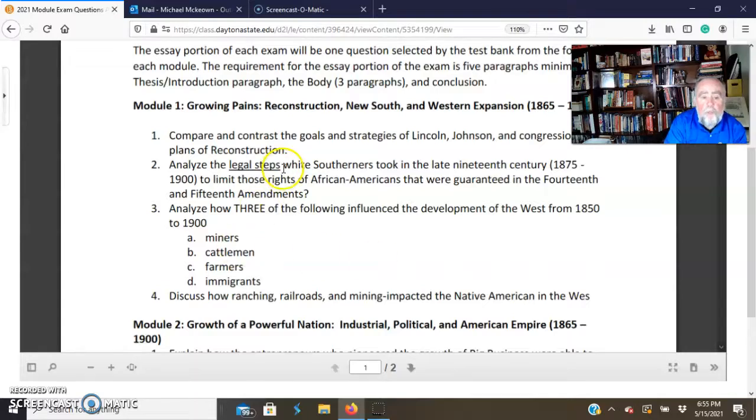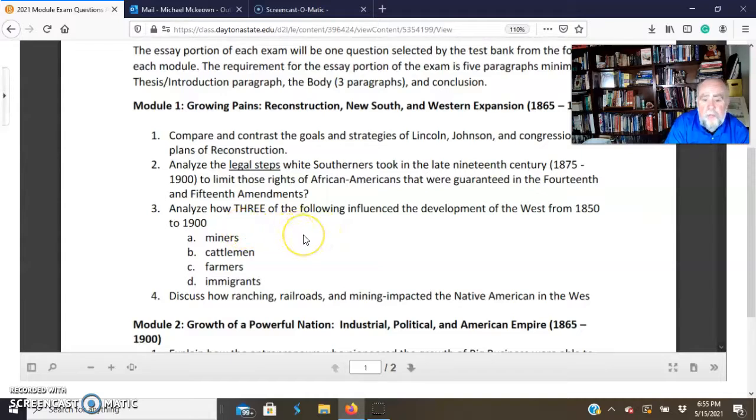So what you will want to do to help prepare is write out a good thesis that answers each question. When you're writing a thesis, you want to hit me with a velvet brick. Get my attention. You do not want to restate the question. For example, let's look at number 3. Analyze how 3 of the following influenced the development of the West from 1850 to 1900.